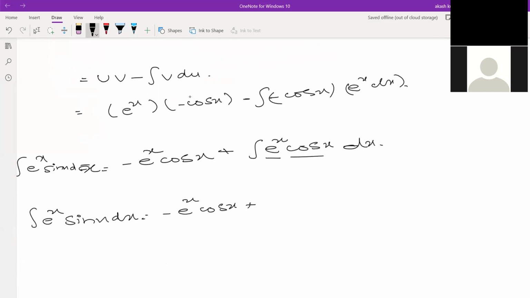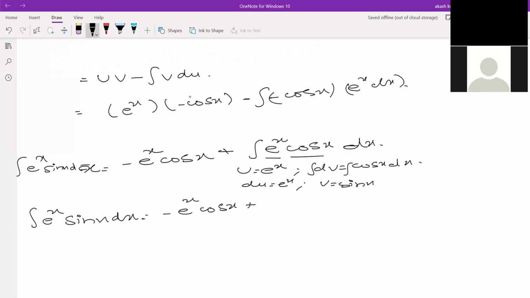Here you have again two functions. We have to apply the integration by parts again. Okay, so u is e^x and dv is cos x dx. So du becomes e^x again, and v becomes sin x. So, e^x dx, right?